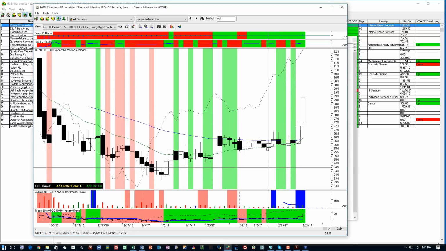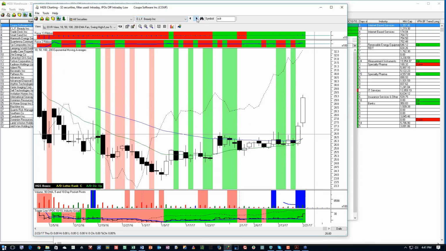And then a few days later was a pocket pivot, didn't do much, but it was a real tight range here. If it's tight like that, that means people are not selling. They're hanging on to these stocks, okay? And then it took off. That's just one example. Here's another one.